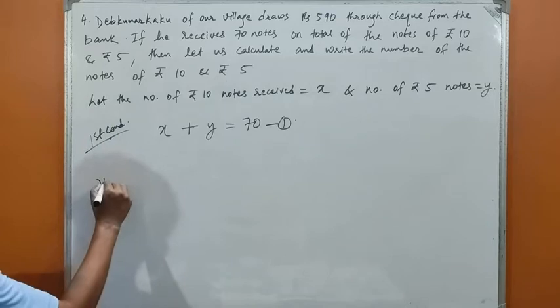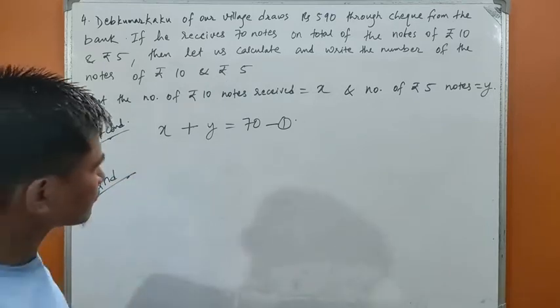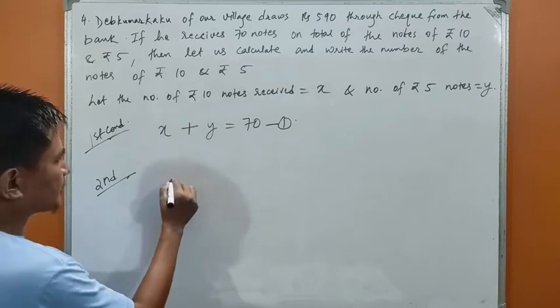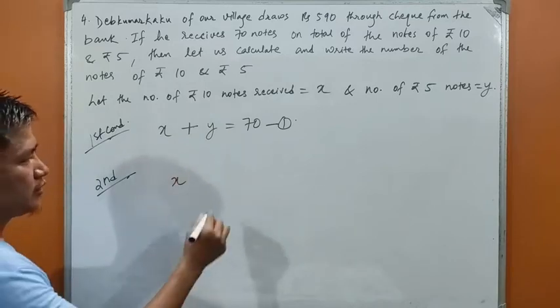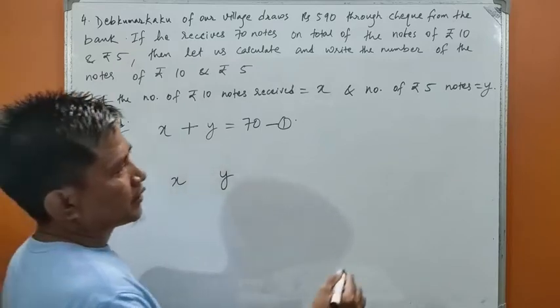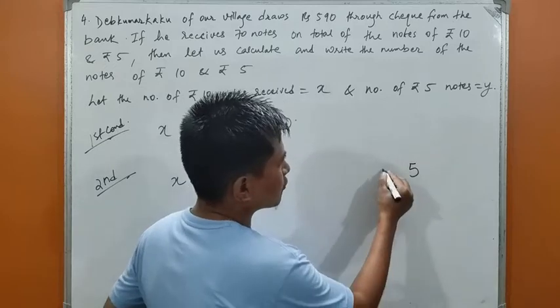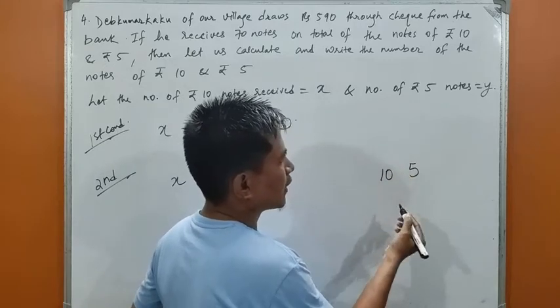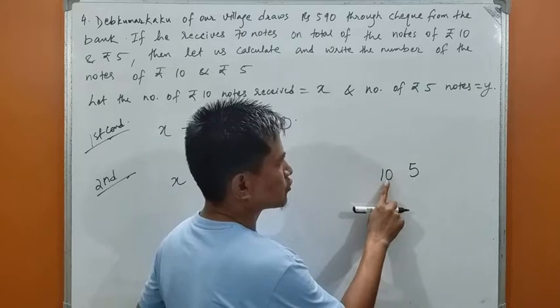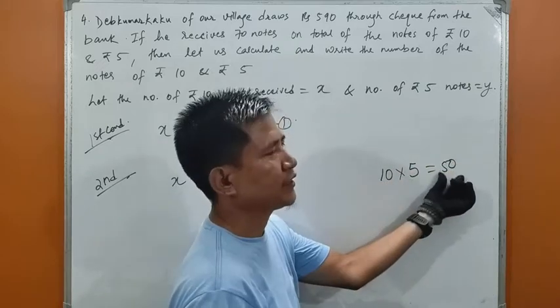Now the second condition is also very, very easy. He received x number of 10 rupee notes and y number of 5 rupee notes, isn't it? So if I have 5 number of 10 rupee notes, how much money do I have? 10 into 5, that is 50 rupees.